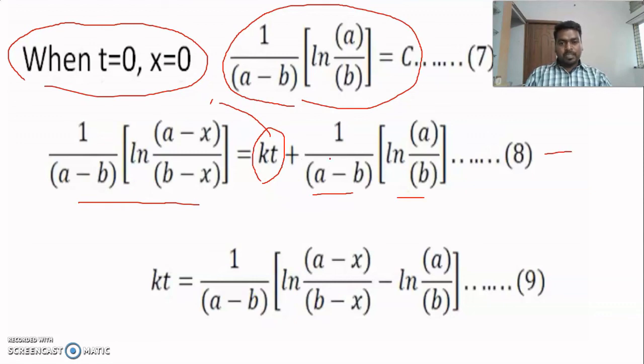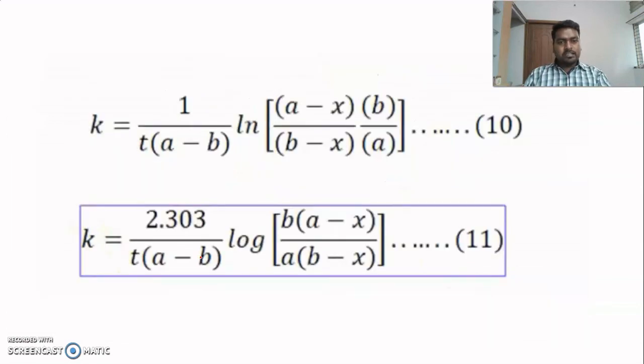If you shift this term, it becomes negative ln a by b, and if you apply the laws of logarithm, then you are going to get equation 10, k is equal to 1 divided by t into a minus b into ln of a minus x into b divided by b minus x into a. So equation number 10.